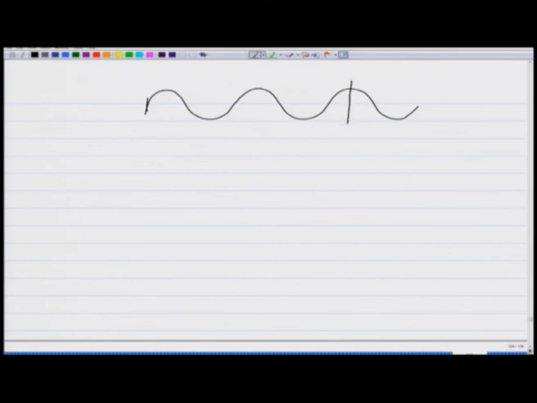So, what is going to happen is, here is this wave coming, these are the maxima, and at t1 prime this observer is here and the observer is moving in this direction.